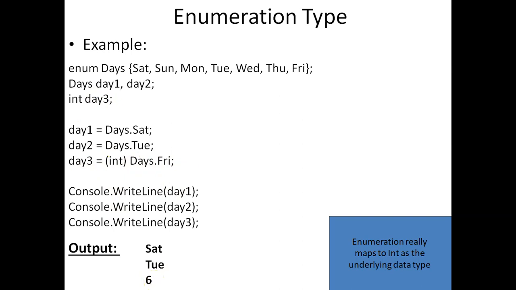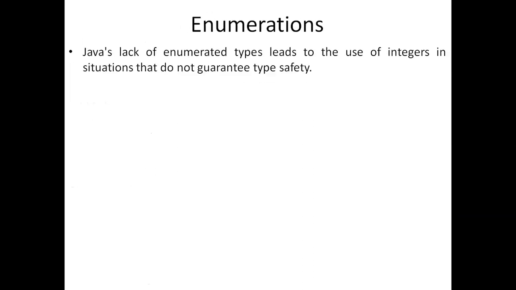We can print the actual value, the actual string, as well as we can convert the string into a number also. This is the flexibility of the enumerated type, and in many situations we can use the enumerated type. It is better to use the enumerated type in some situations of programming.